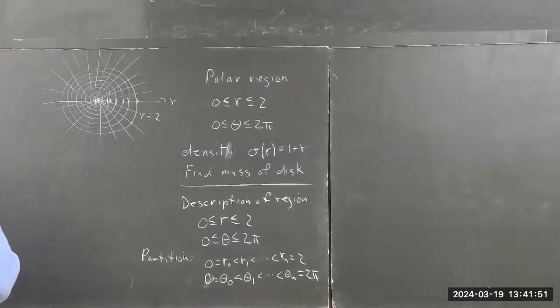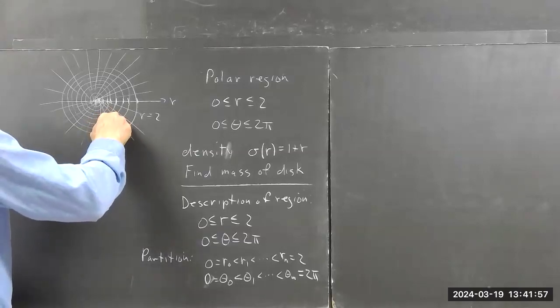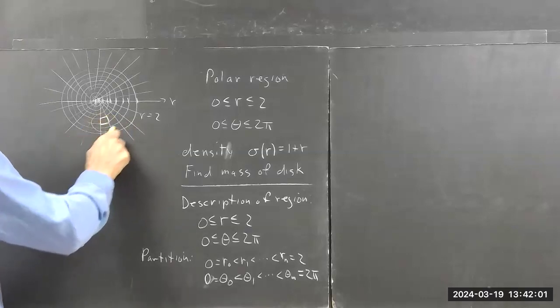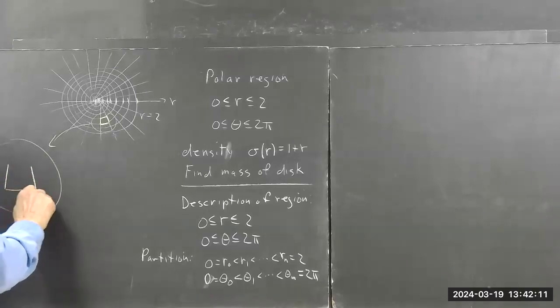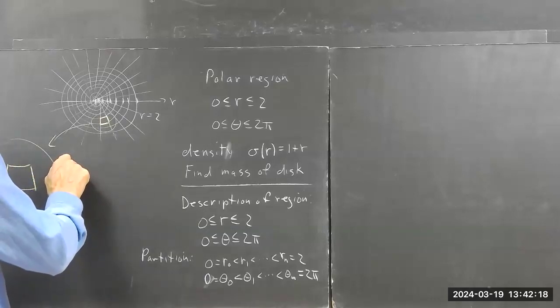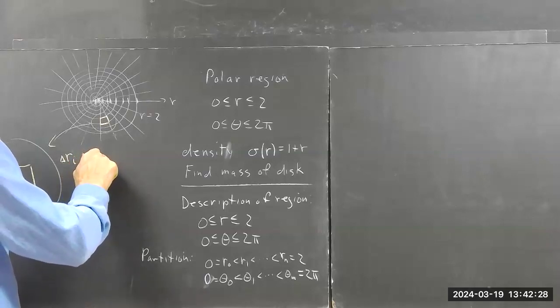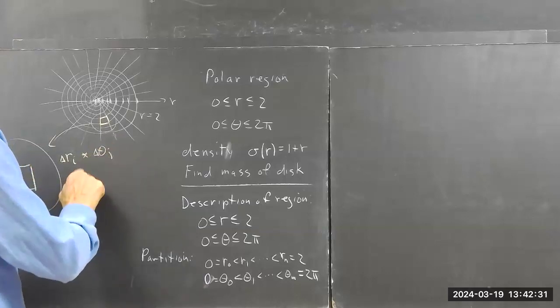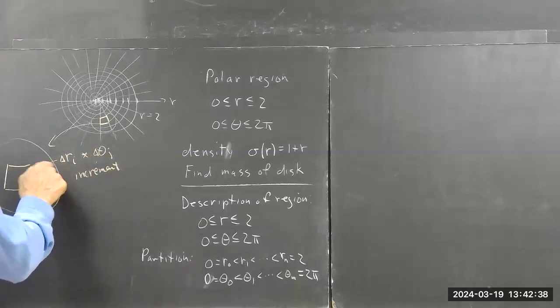And now our typical increment is like our delta Ri by delta theta J increment.